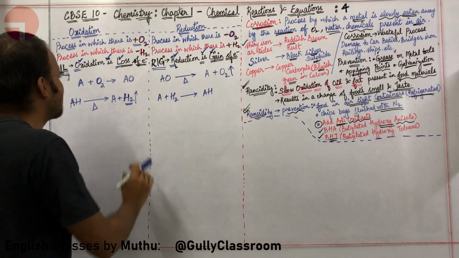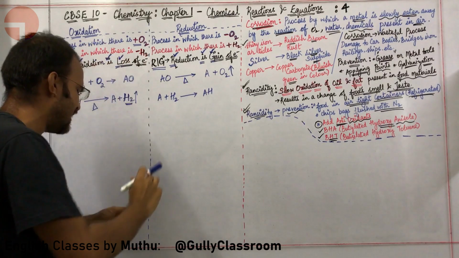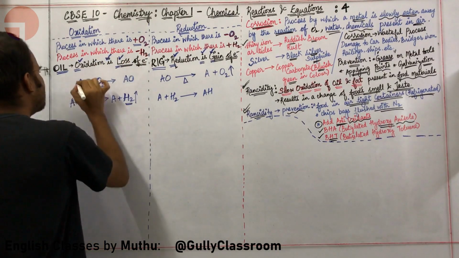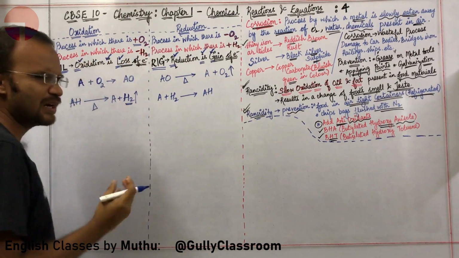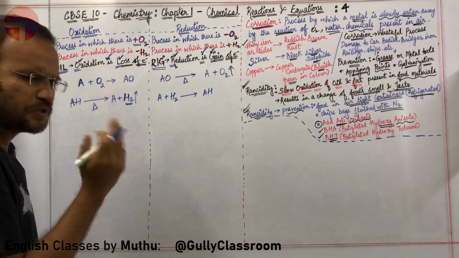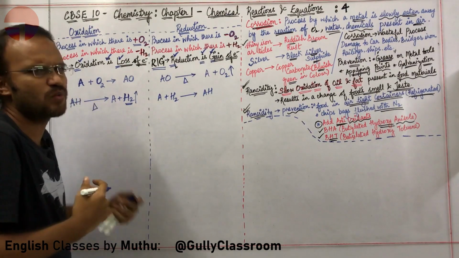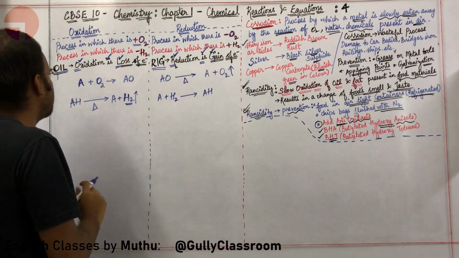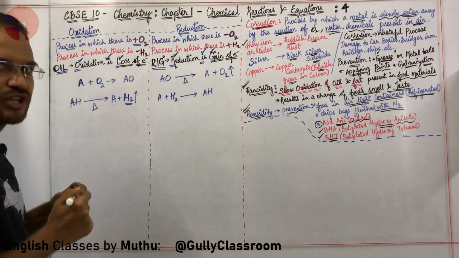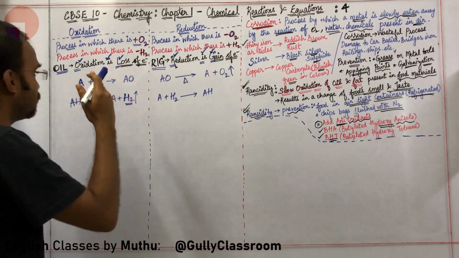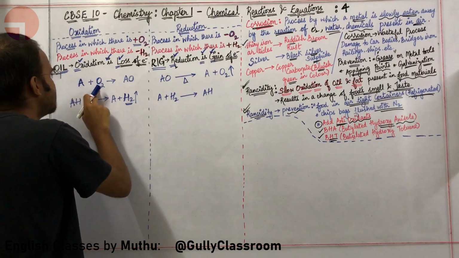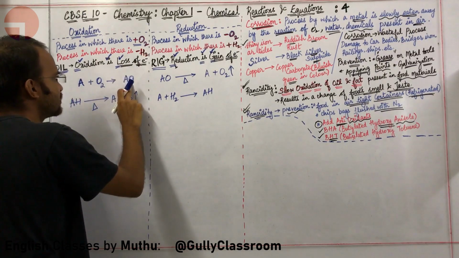Now, let us look at a basic example I have written here. Here, A is let us say some species. A is some species that wants to react. What is it reacting with? It is reacting with oxygen. When oxygen is added, it is oxidation.